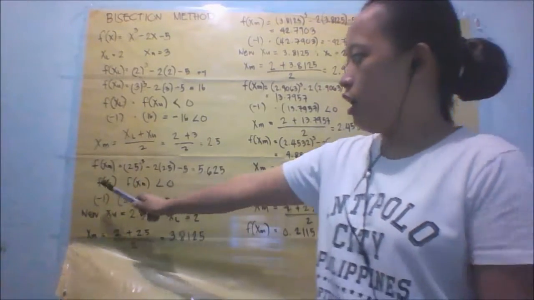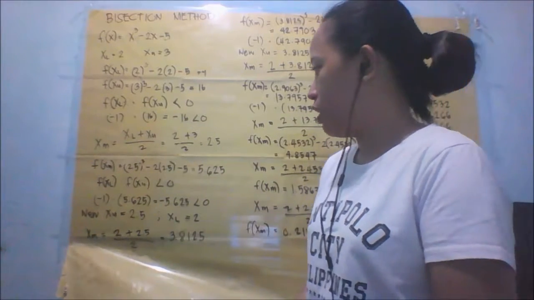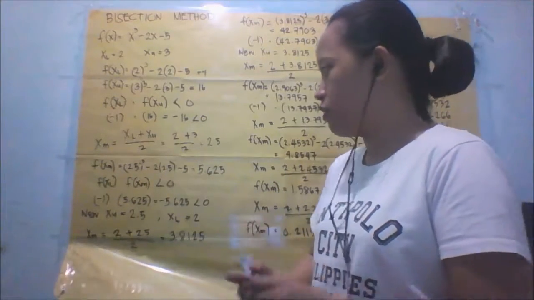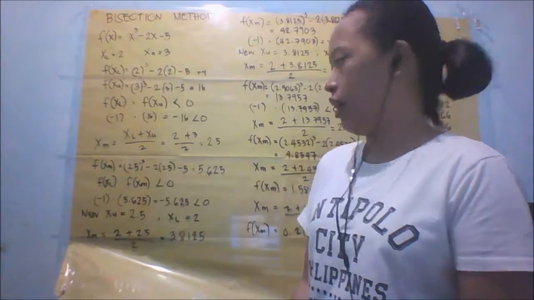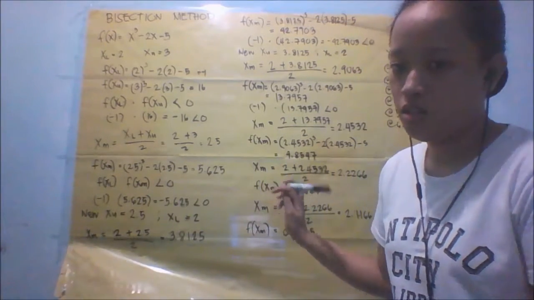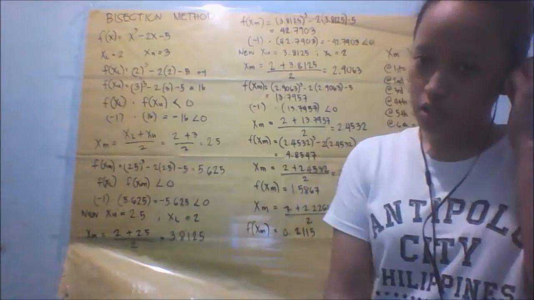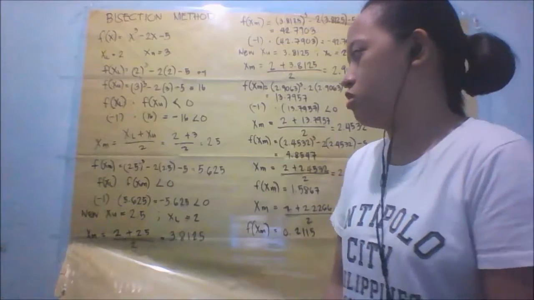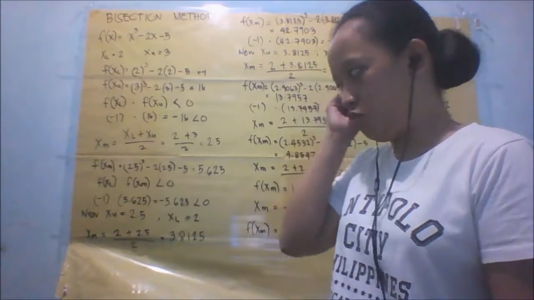So here, f of xl multiplied by f of xm should be less than 0, or negative. Negative 1 multiplied by 5.625 is negative 5.625, which is less than 0. So you can set your xm as your new xu. So we have here new xu is 2.5 and your xl is 2.